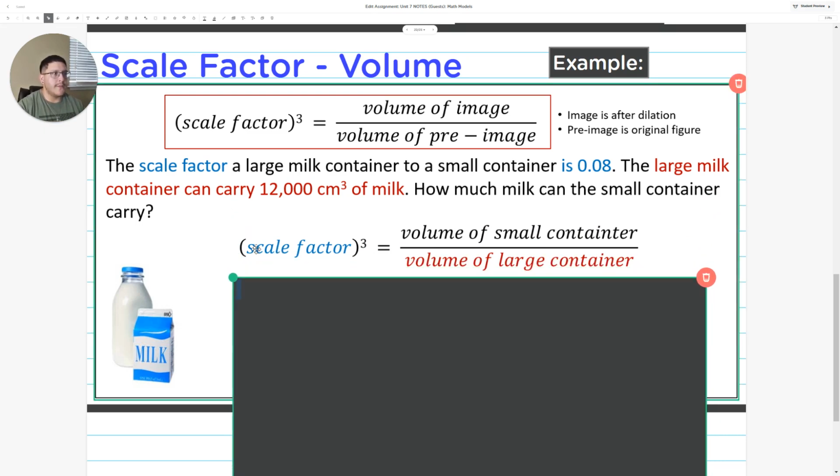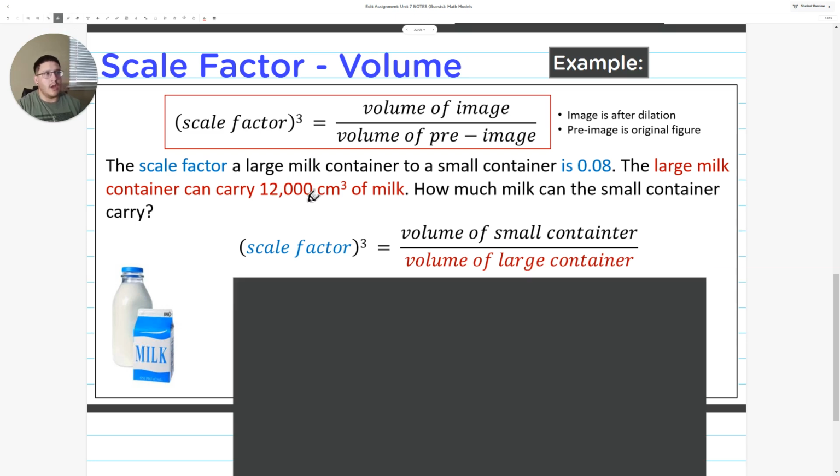So we fill out that part of the formula. Scale factor gets filled in with 0.08. Volume of large container is the pre-image, the original container, which is 12,000 centimeters cubed. And then we could also tell which one's the pre-image to the image. It says the scale factor of a large milk container to a small one.